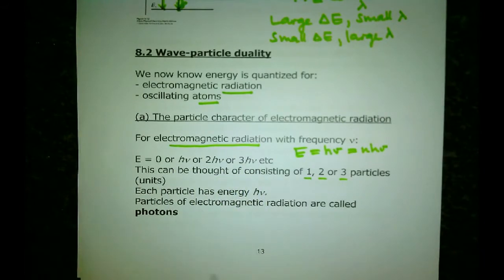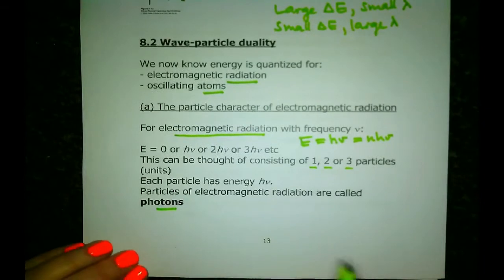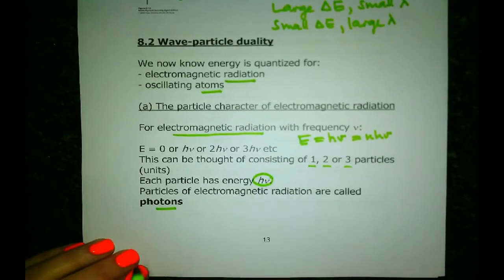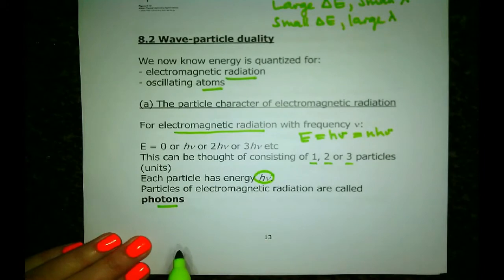And this can be seen as light consisting of particles. I haven't given you experimental evidence for that, but I'll do so in a moment. A particle of light is called a photon, and each photon has energy h nu. So I want you to think about the characteristics of photons.